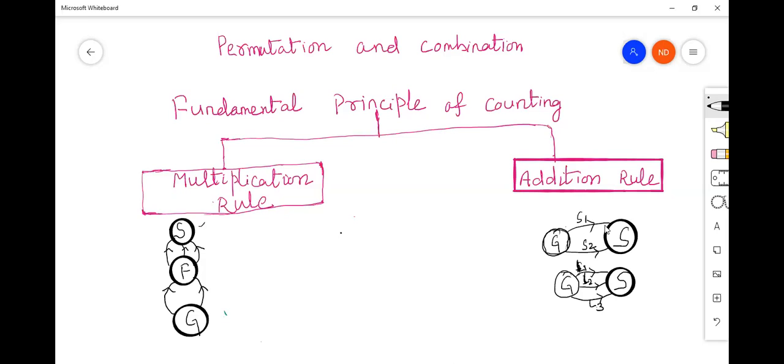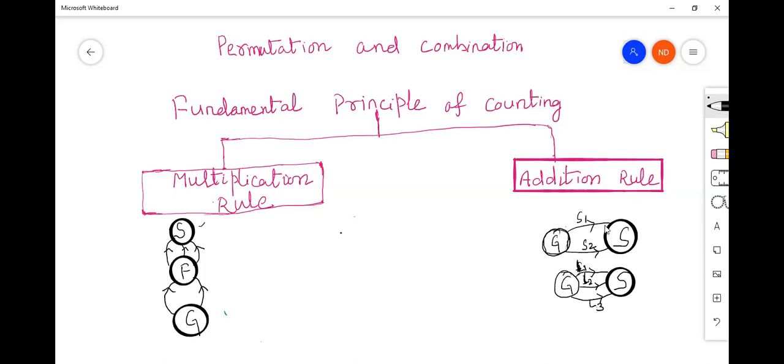Suppose from the ground floor, we have 2 staircases to the first floor and 3 staircases to the second floor, right? Now my question here is, in how many ways can you reach the second floor from the ground floor?